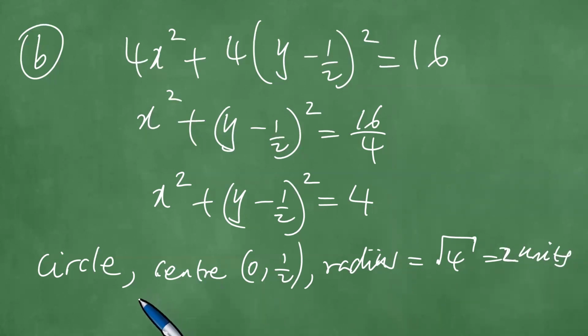To get the radius of the circle, we take the square root.